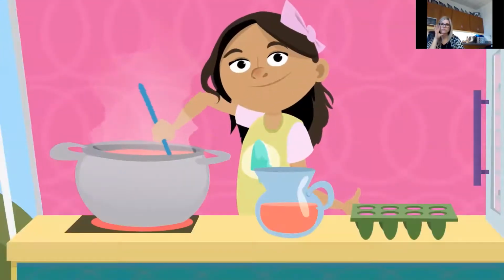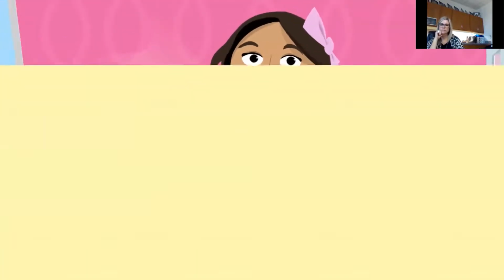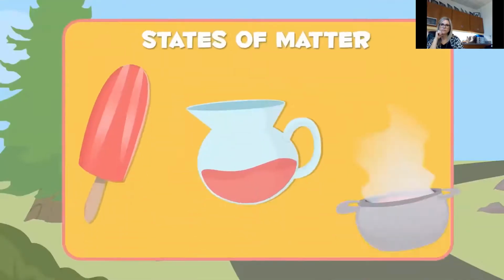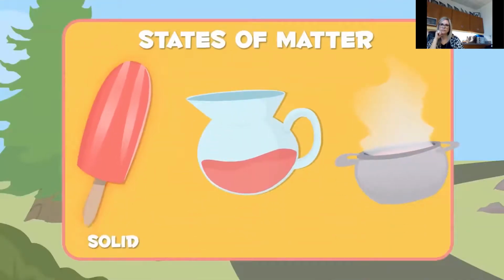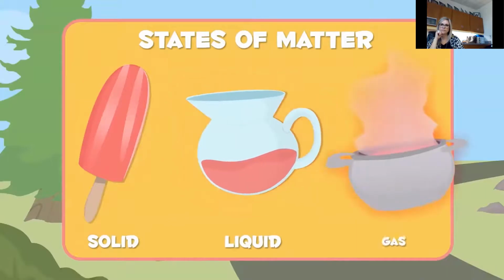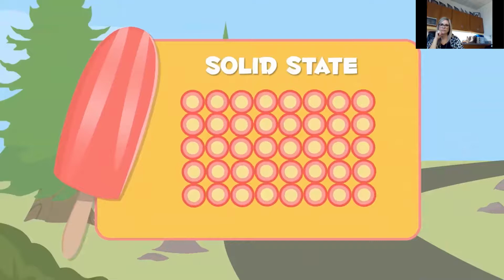Did you get the idea? Let's recap a little. Matter exists in 3 states: solid, liquid, and gas. Solid matter has a definite shape and volume. Particles are well organized and held closely together.